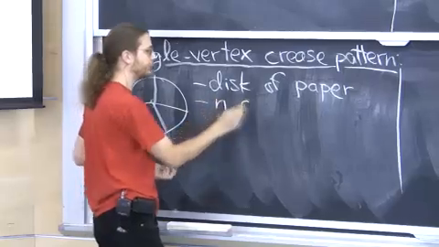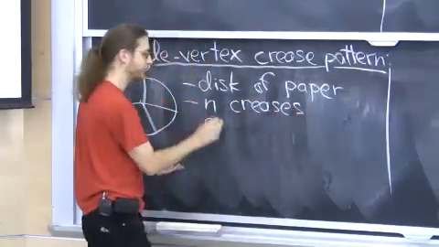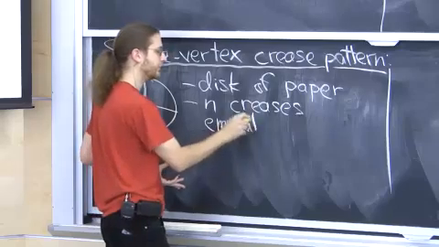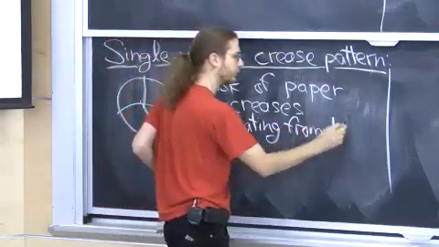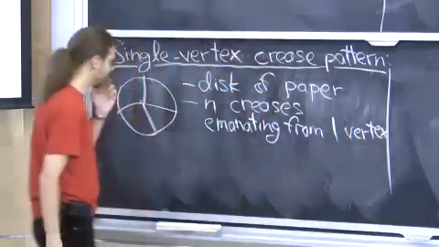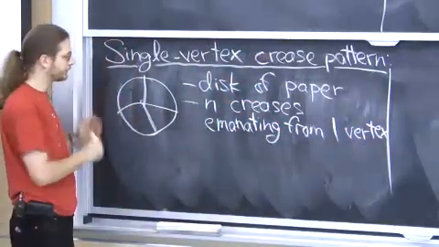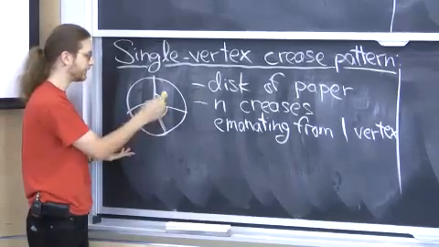Let's say we have n creases emanating from one vertex. This pattern is going to be defined by some sequence of angles.